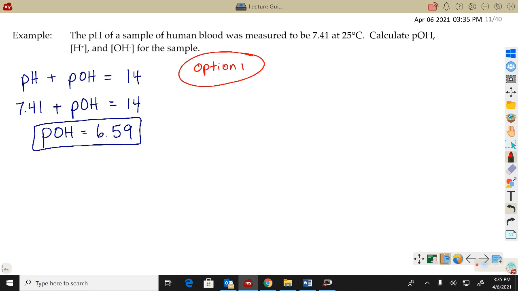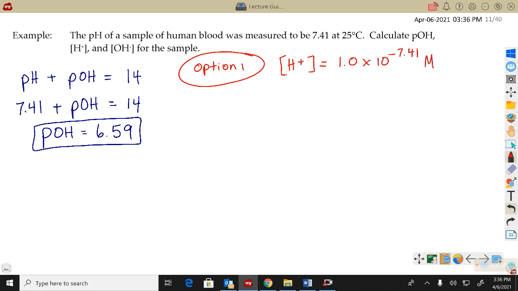And we could say then that the hydrogen ion concentration would be based on the pH. And so I could say 1.0 times 10 to the negative 7.41. You could do that. Just take the pH and put it up there as the opposite exponent of 10. And then this would just be molarity.